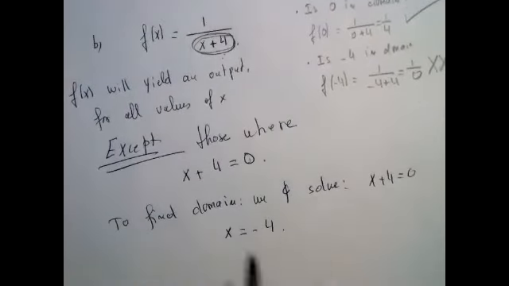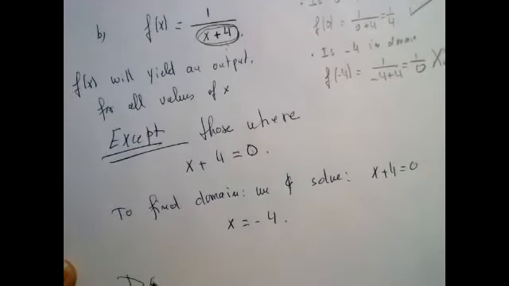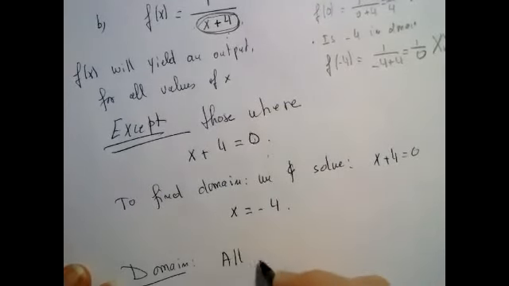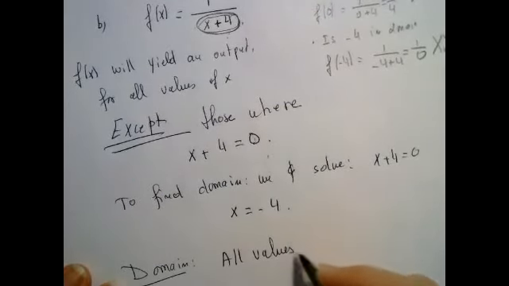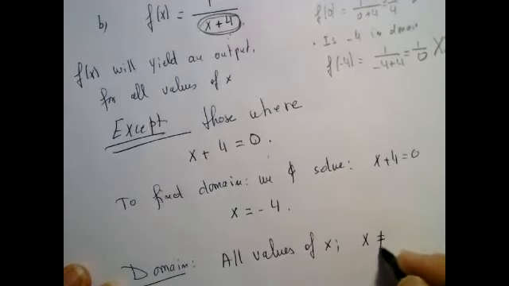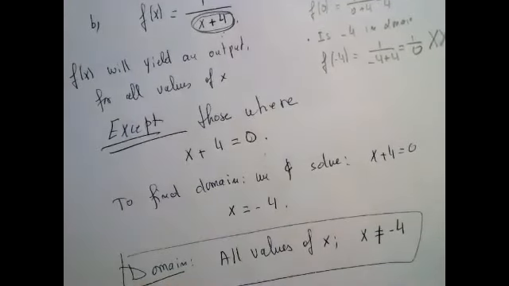We solve x plus 4 equal to 0, which gives x equal minus 4. So the domain now is everything except those. So the domain is all values of x such that x is different than minus 4. And that would be my domain.